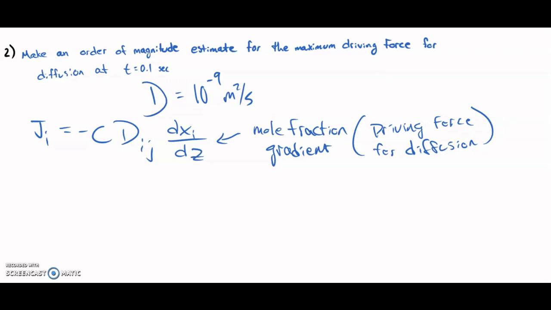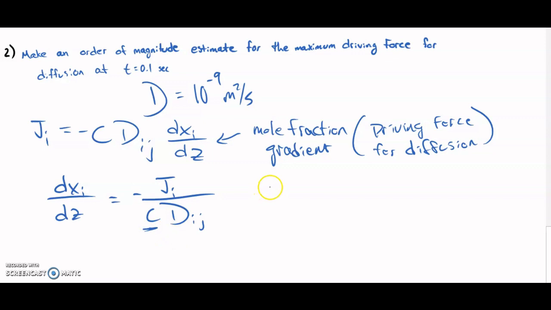So we can quickly rearrange this equation to solve for the driving force. So the mole fraction gradient is equal to negative Ji over C times D. And from the last problem, the last thing we need to do is find out what the overall concentration is. So the overall concentration is just equal to the summation of the components' concentrations.